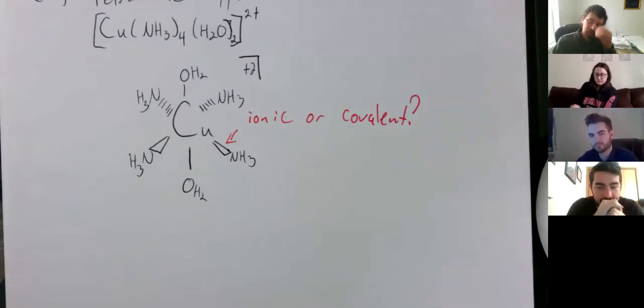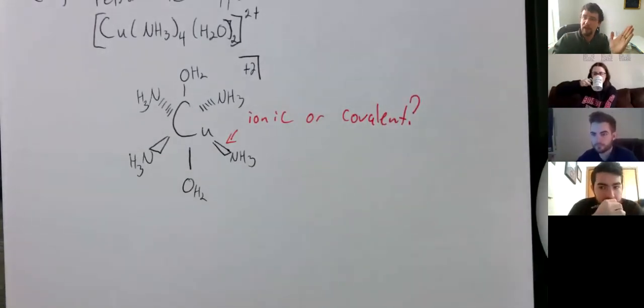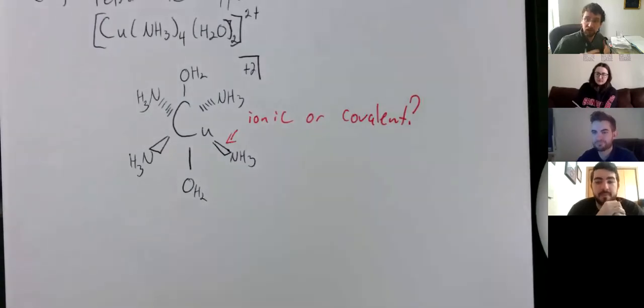So the idea that you learn in general chemistry where you have a metal and a non-metal paired up with one another means it's always an ionic bond, that isn't necessarily the case when it comes to transition metal bonds. So we're going to have to go into it a little bit deeper than what we learned in general chemistry. This is another one of those points where we're just going to have to let some stuff go and accept new things. Okay?